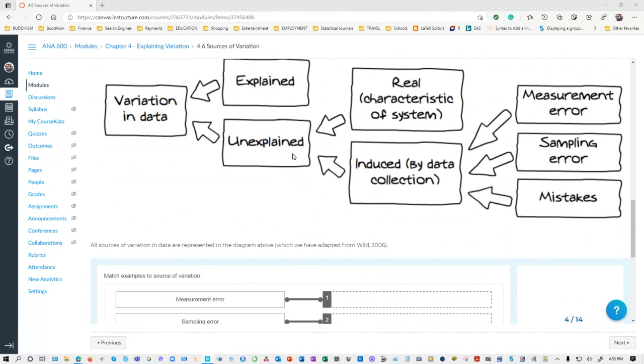Explained error, unexplained error. This is the explained error. In another way, you can see the variation means error.